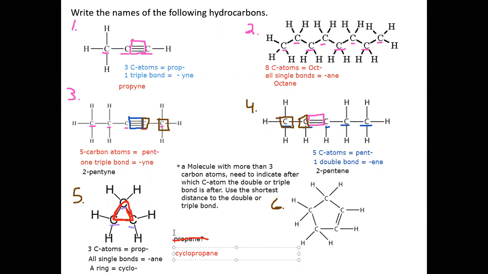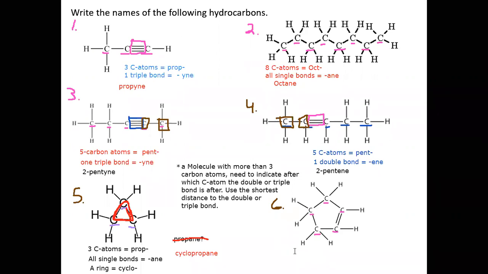So all the other naming is the same, except now when you see that it's a ring, this is a triangle shape, we use the prefix cyclo. So this becomes cyclopropane. We go to the last example. We notice that it has 1, 2, 3, 4, 5. It has 5 carbons.